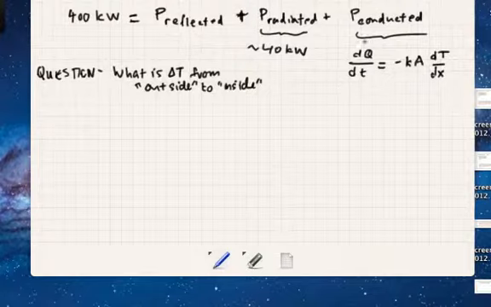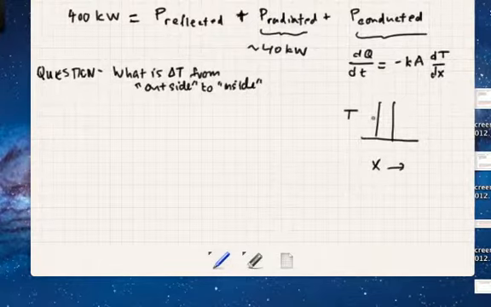And I wrote the equation for conductivity here, where dQ/dt is equal to negative k times the area times the temperature gradient through which it is conducted. This is a one-dimensional heat flux, imagine this axis is x.